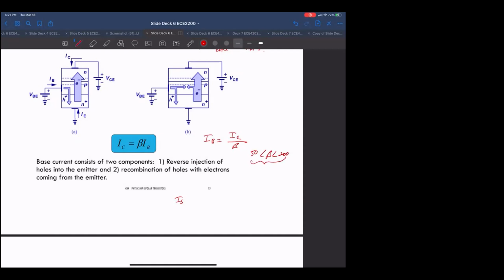So it's a very big ratio between the collector current, which is your output signal, and the base current, which you can think of as a leakage current controlling the input, which is what makes this an efficient device. So you can think of it as a very small base current controlling a very large collector current. Okay, so typically beta is given to you, like usually in a problem, I sub S and beta are given to you. Okay, but that's basically the ratio between these two.